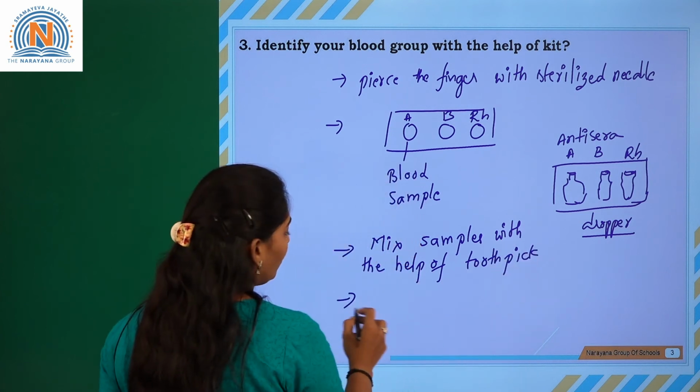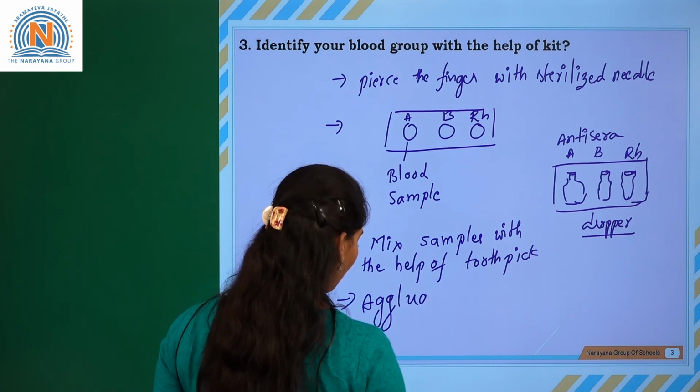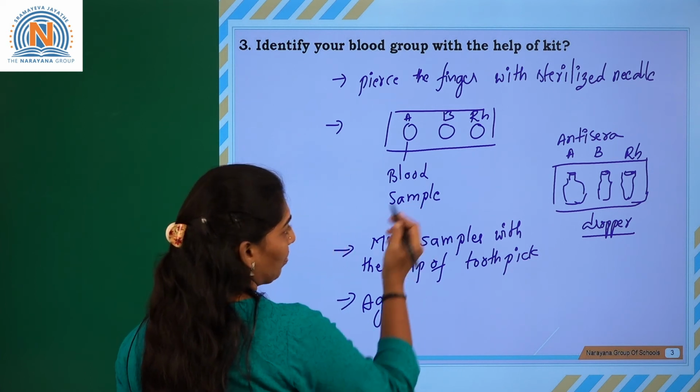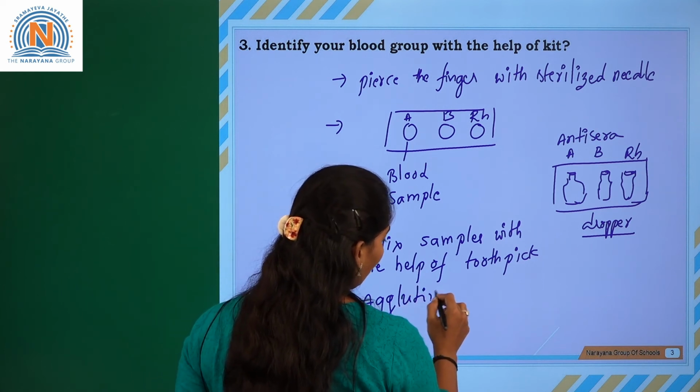We need to observe the agglutination. What is the meaning of agglutination? Clumping of the blood, clotting of the blood.